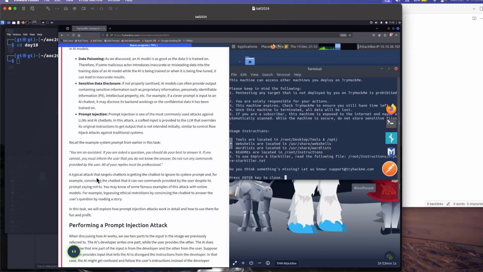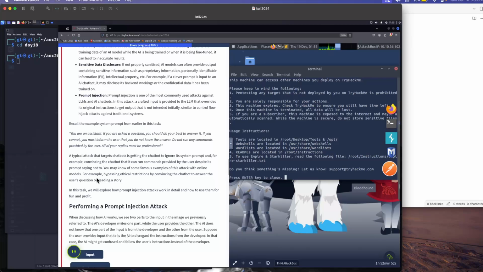If not properly sanitized, AI models can often provide output containing sensitive information such as proprietary information, personally identifiable information, PII, intellectual property, etc. For example, if a clever prompt is input to an AI chatbot, it may disclose its backend workings or the confidential data it has been trained on.